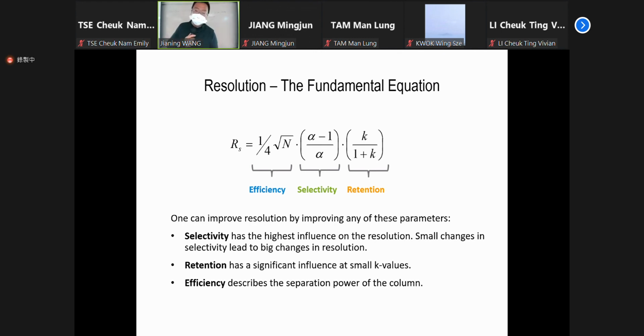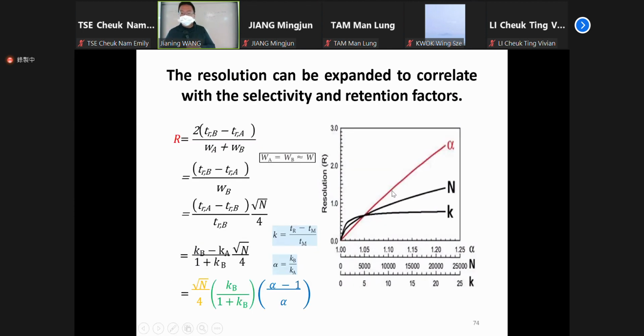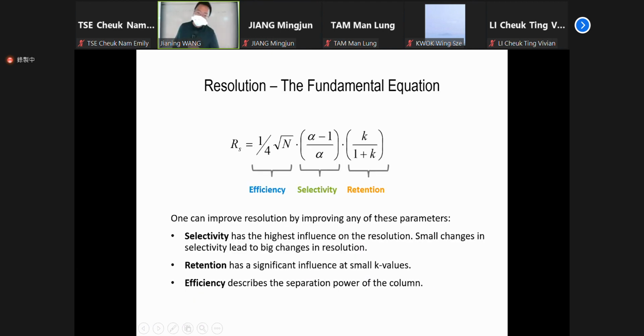Selectivity has the highest influence on the resolution. Small changes in selectivity lead to big changes in resolution, as you can find in this picture. Retention has a significant influence at small k values. And efficiency describes the separation power of the column.